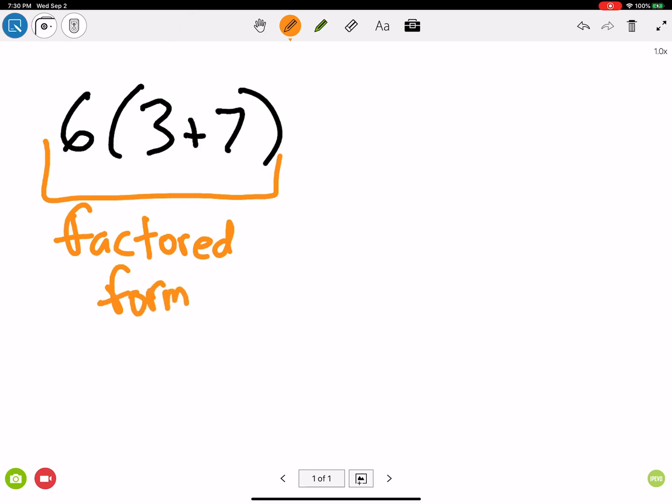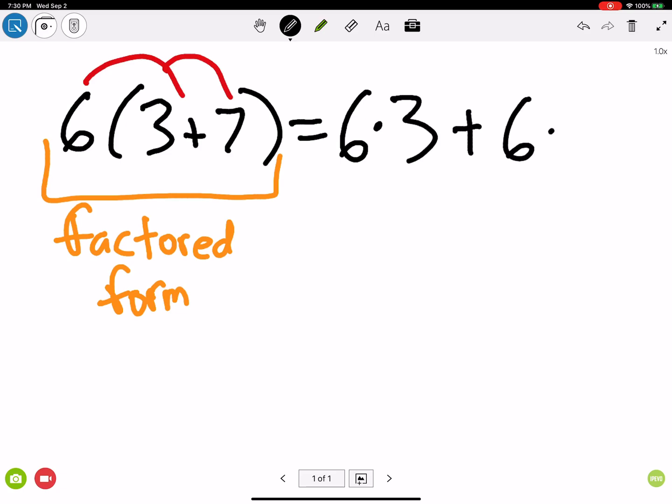I want this to go into expanded form. So the expanded form basically says, take the number on the outside, distribute into each term. So that means I take 6 times 3, and I take 6 times 7.